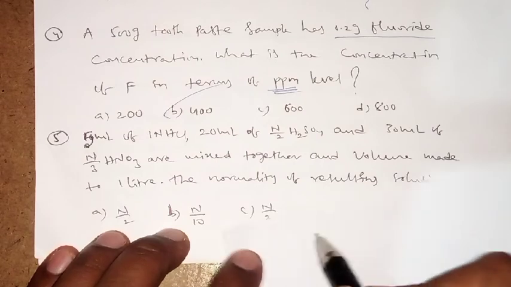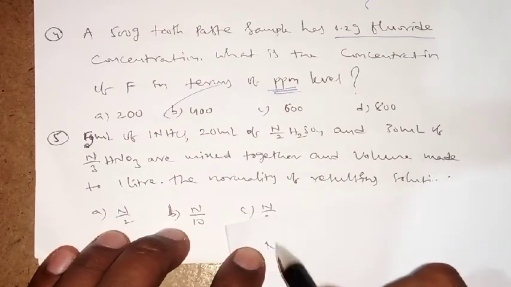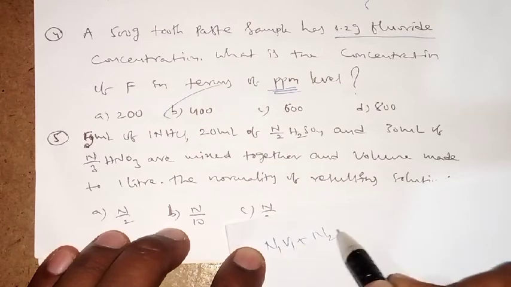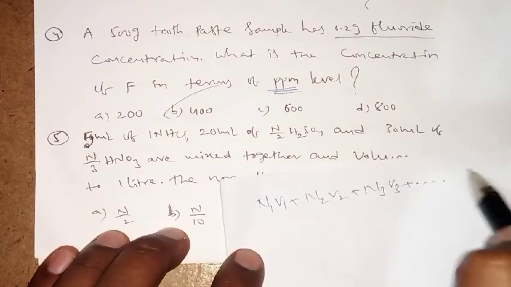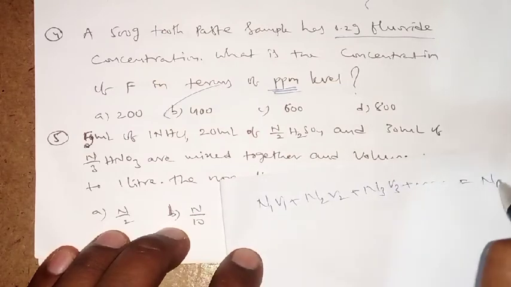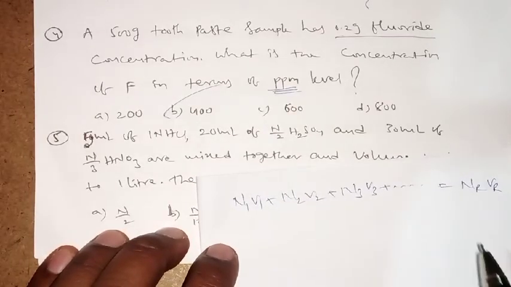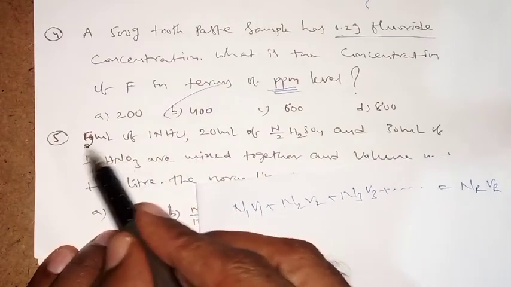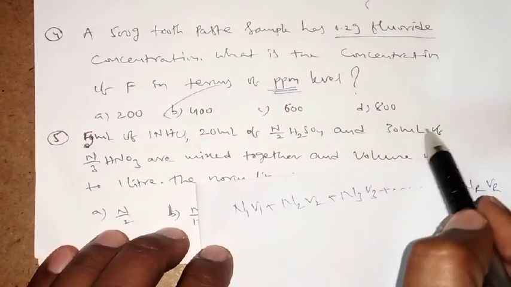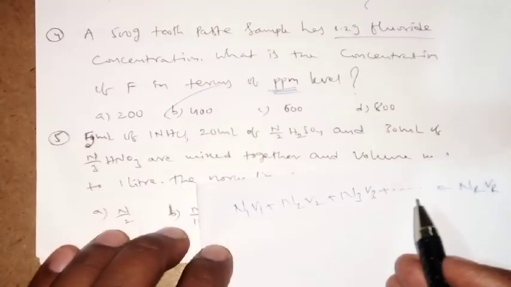This is the basic formula: N1V1 plus N2V2 plus N3V3 and so on, equal to N resultant and V resultant. How many components are in the mixture is not the matter. So first one is HCl, second one is H2SO4, third one is HNO3. Irrespective of the acid you can take the resultant, because all are acids only.